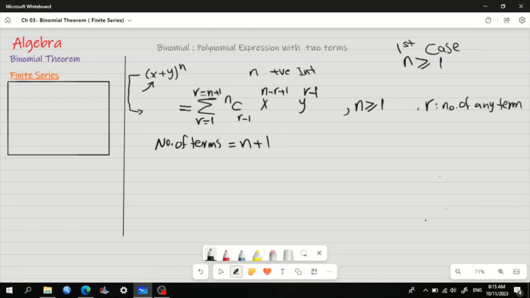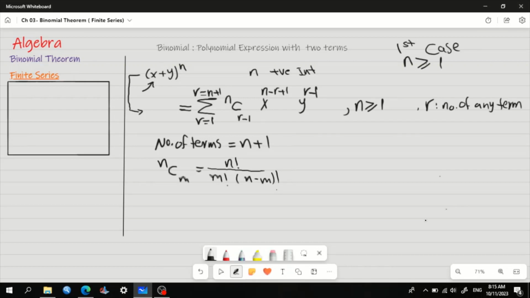Okay, and here if we look at this general form, we find n combination r minus 1. If we have n combination m, this will be equal to factorial of n over factorial of m times factorial of n minus m.